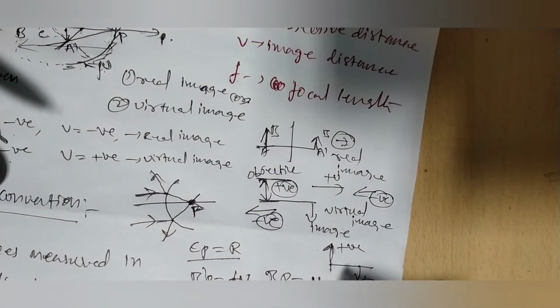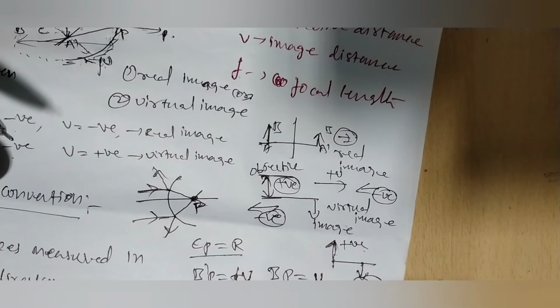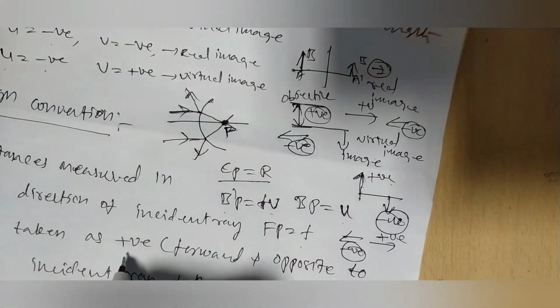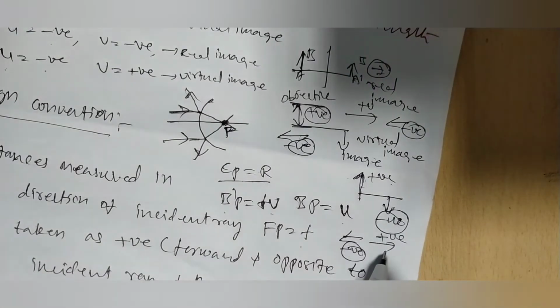In the upward direction, the object height is positive, and downwards is negative. For the image, the forward direction is positive and its reverse direction is negative. So the distance is taken as positive when it is in the forward direction of the incident ray, and negative in the opposite direction.